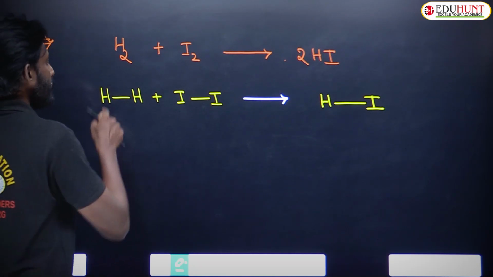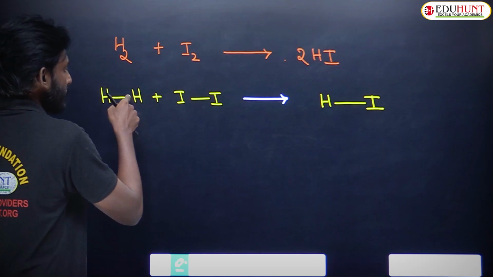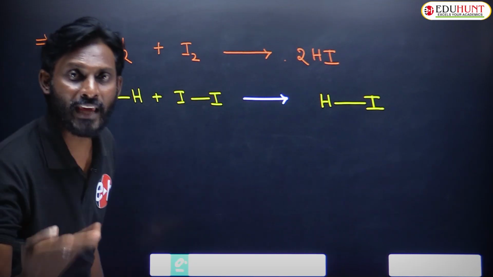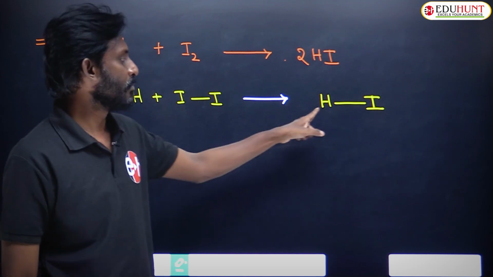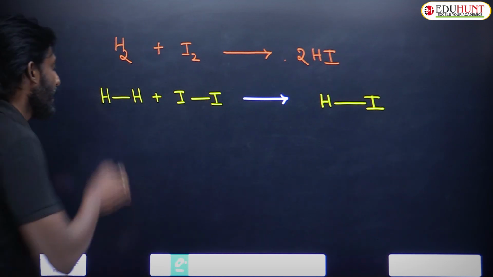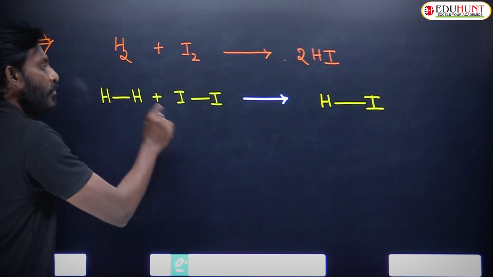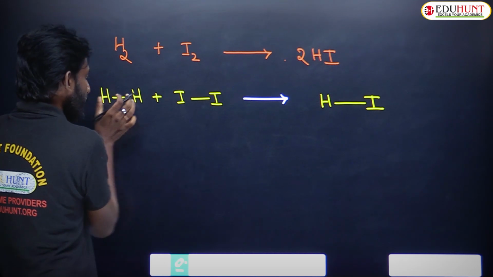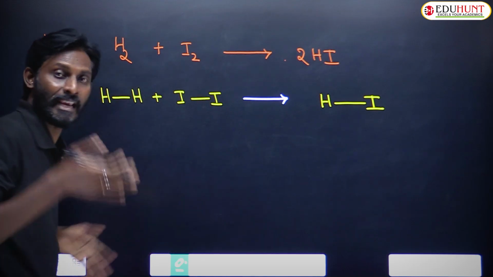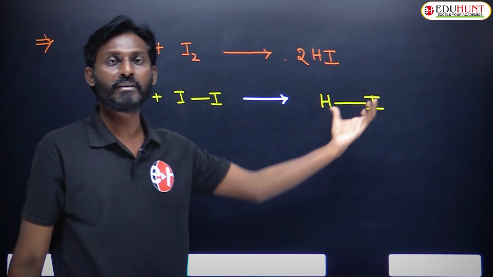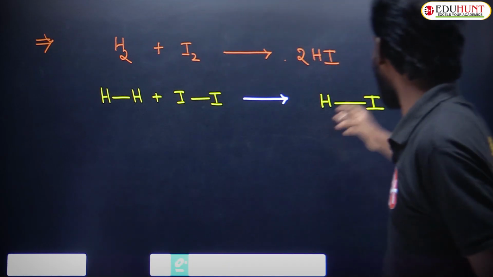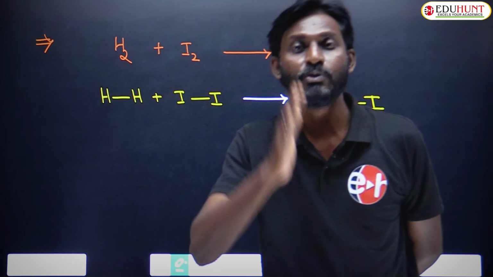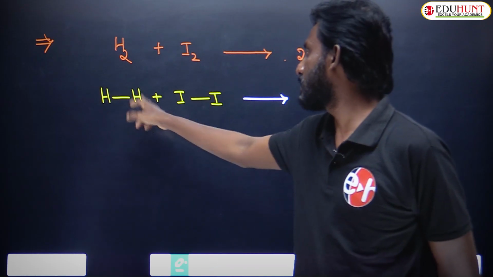If there is no bond breaking here, then how can there be a new bond between H and I? Initially, H is bonded to H, and I is bonded to I. So these are the existing bonds, and this is a new bond. For the formation of a new bond between H and I, you must break the existing bonds between H-H and I-I.